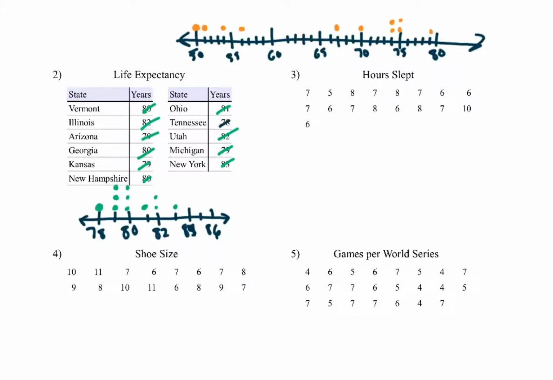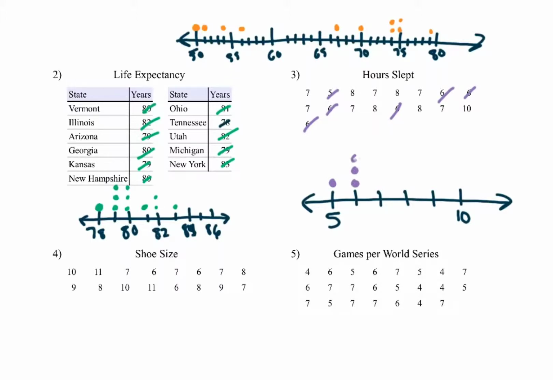Okay, hours slept, it's another fairly easy one. Looks like we go from 5 to 10. There's 10, there's 5. So we have 1 5, 5 6s. So we just stack up how many there are. 6 7s.